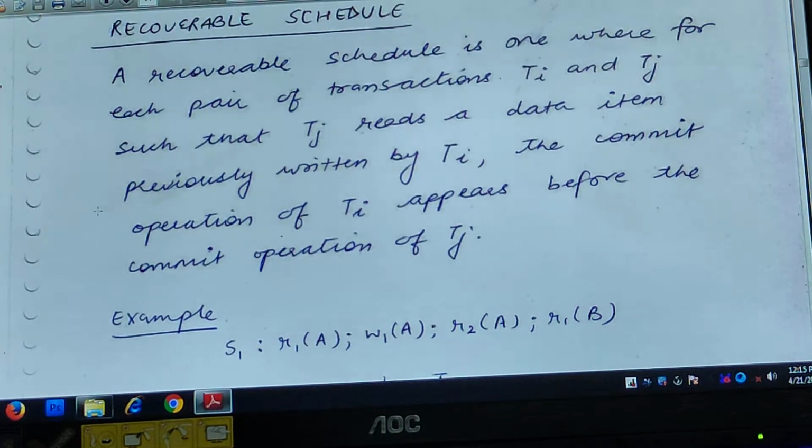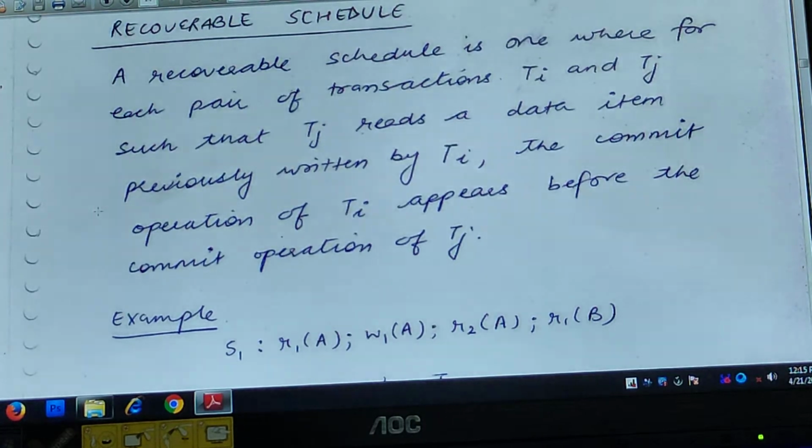Suppose transaction T1 writes a value of a data item X to the database, and then T2 reads that value. After T1 has written the value of X and T2 reads it, transaction T1 should get committed before transaction T2 gets committed. If the scenario is like this, then we can say that our schedule is a recoverable schedule.